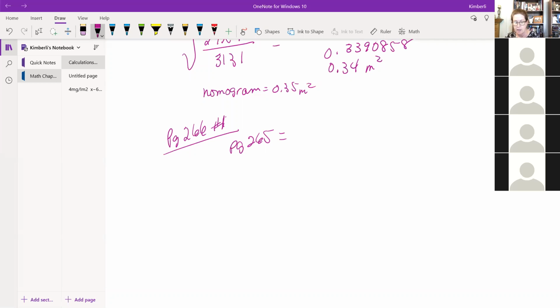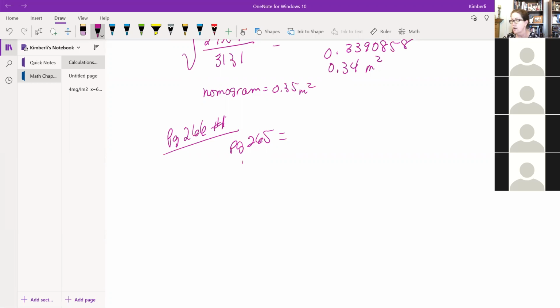It says, if a medication for a child is not ordered in an amount per square meters, a formula similar to Clark's rule may be used to calculate the dose. The normal BSA of 1.7 square meters for adults and the normal adult dose may be used to estimate the child's dose. After using the nomogram for a child, the following formula may be used for calculating the dose.